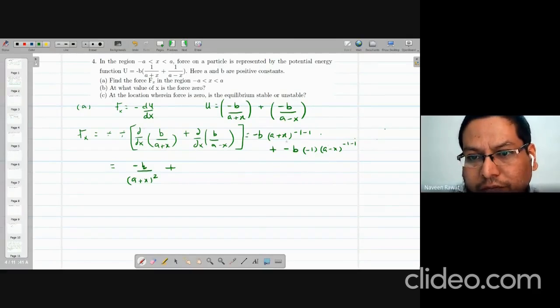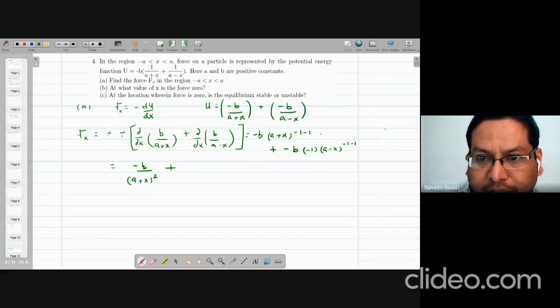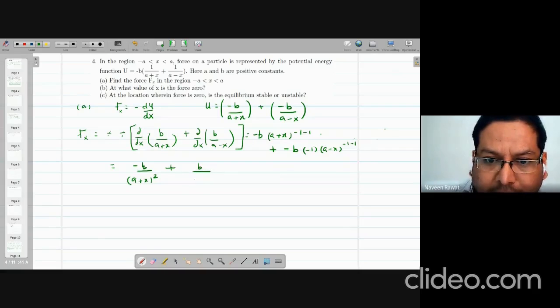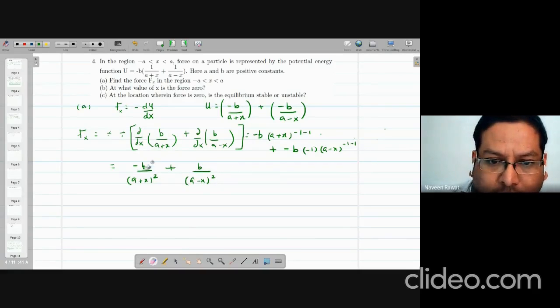In the first case the argument was just 1, in the second case it is minus 1, so there is an extra negative sign here. So that would mean I will get a positive sign here, because minus and minus will cancel. So I will get plus b by a minus x to the power of 2.